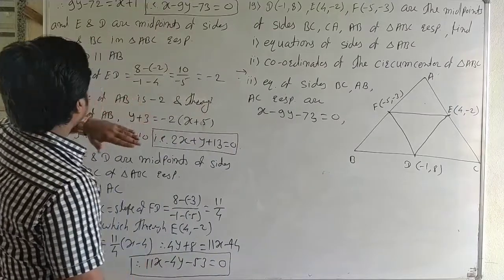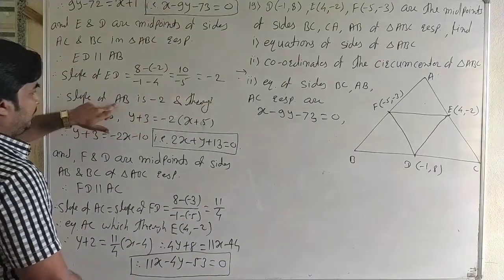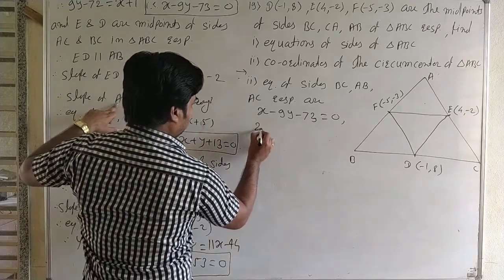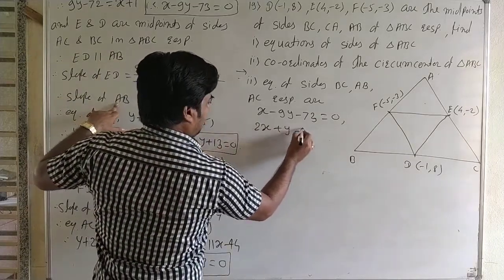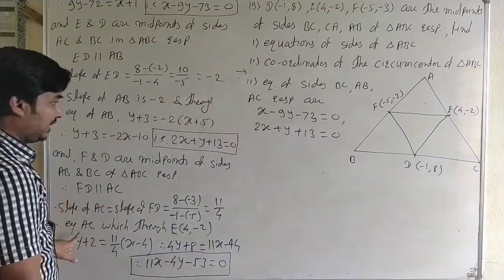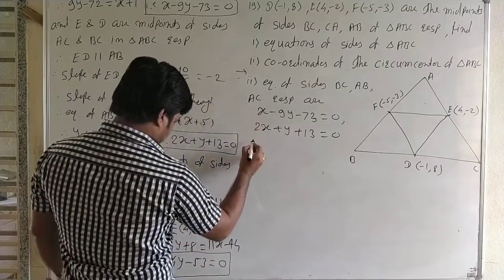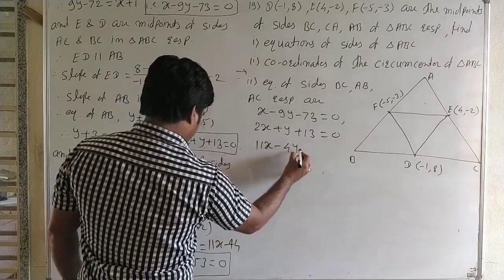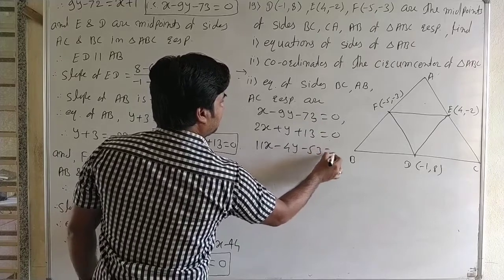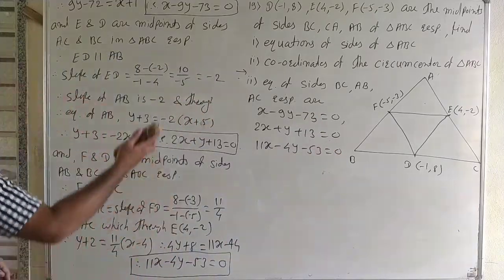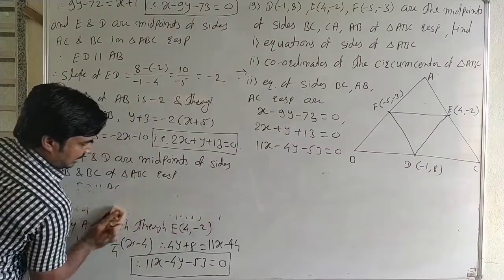Equation of AB, 2x plus y plus 13 is equal to 0. And last, equation of AC, 11x minus 4y minus 53 is equal to 0. It is the answer of the first question, the equations of the sides of the triangle.